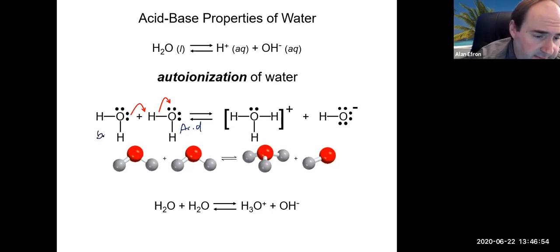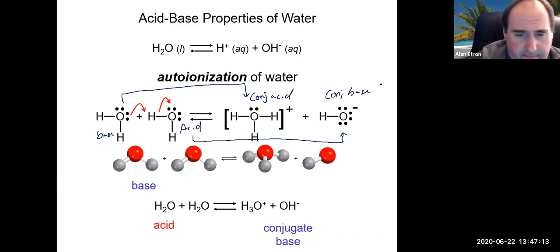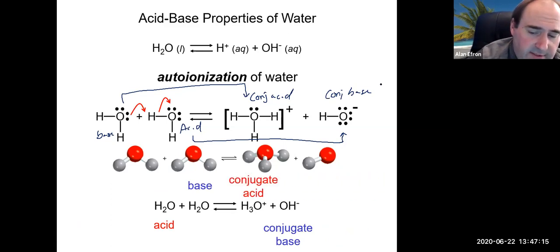This is going to be our base as it's picking up its H plus, which again means this would be our conjugate acid, while this acid over here would be our conjugate base. And this is what is sometimes referred to as the autoionization of water. This is essentially what's happening with water.